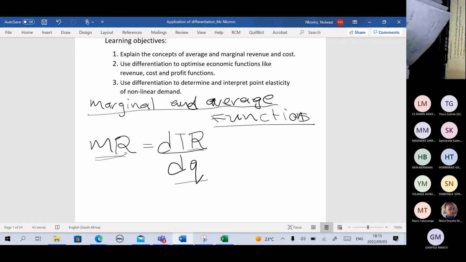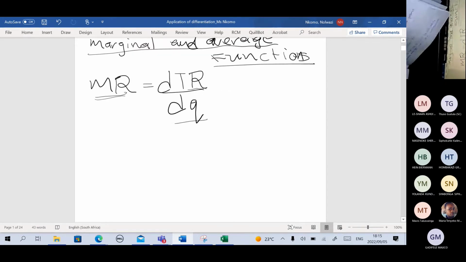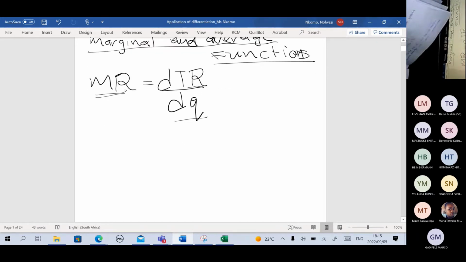Okay, and again, we said the marginal cost is the derivative of the total cost with respect to the output, which is the demand.